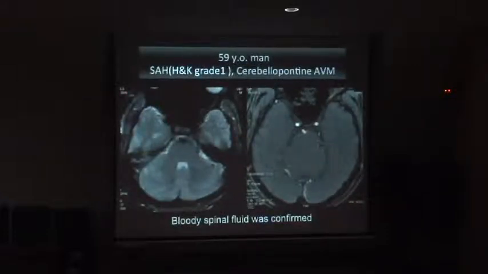So we can see the subarachnoid hemorrhage, grade 1. This MRI shows abnormal vessels on the left side of the pons. Bloody spinal fluid was confirmed by lumbar puncture.